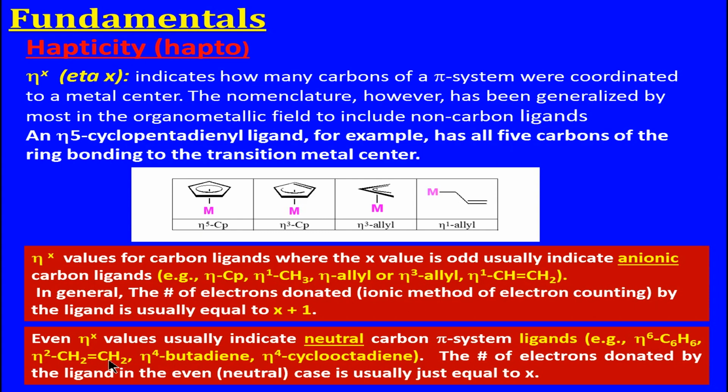Hapto-2 CH2=CH2, ethene, is a neutral ligand because it's hapto-2 and a donor of 2 electrons. Butadiene is a neutral donor of 4 electrons. Cyclooctadiene is a neutral donor of 4 electrons.